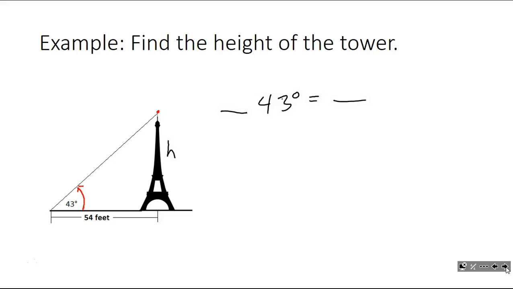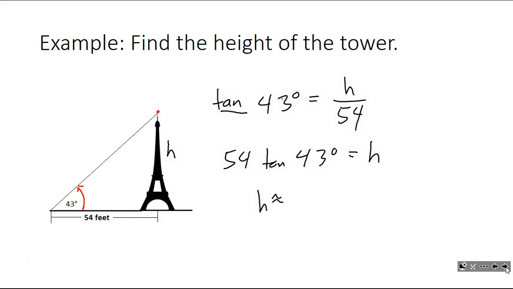H would be opposite of that angle and 54 would be adjacent to it. So what's opposite and adjacent? Well, it sounds like tangent, doesn't it? Tangent is the opposite, which is h, over the adjacent, which is 54. Hey, we can go and clear the fraction. 54 tangent 43 will equal h.